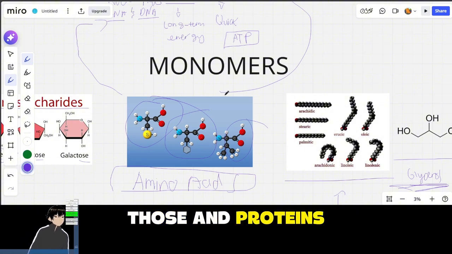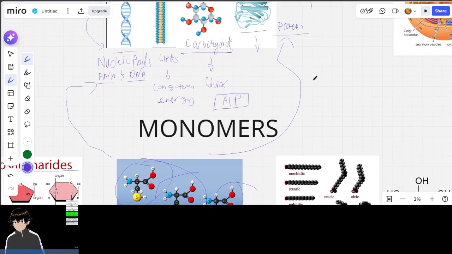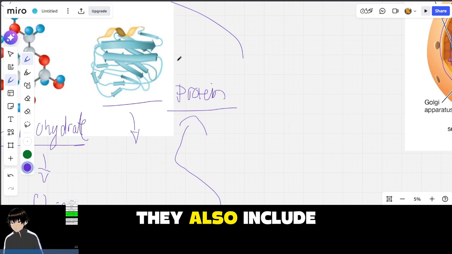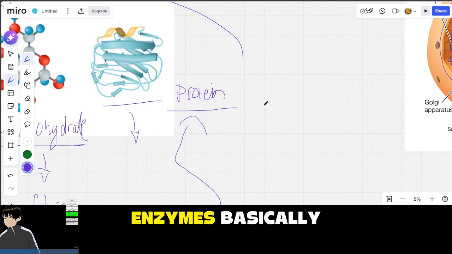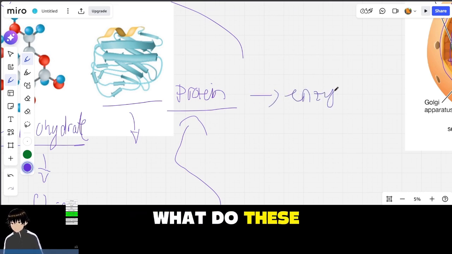And if we go back to the functions of proteins, they also include enzymes. What do these enzymes do?